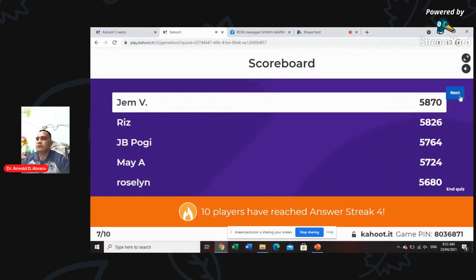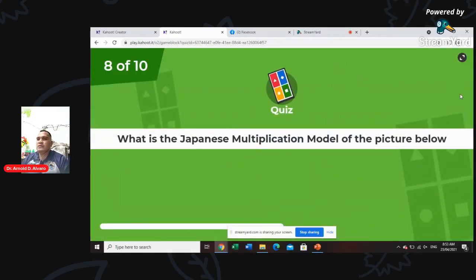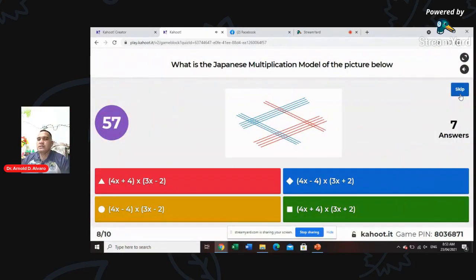Gem is leading. So next, 8 out of 10. What is the Japanese multiplication model of the picture below? Is it 4x plus 4 multiplied to 3x minus 2? Or is it 4x minus 4 multiplied to 3x minus 2? Or is it 4x minus 4 multiplied to 3x plus 2?